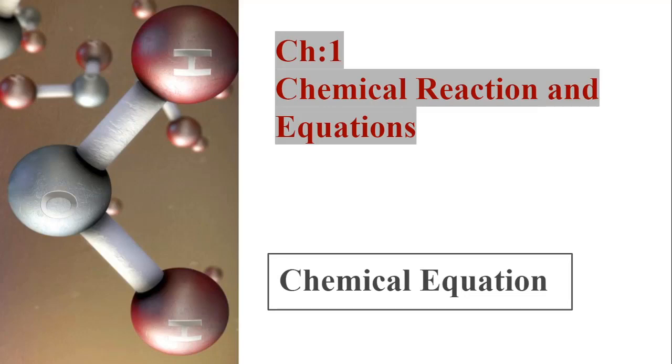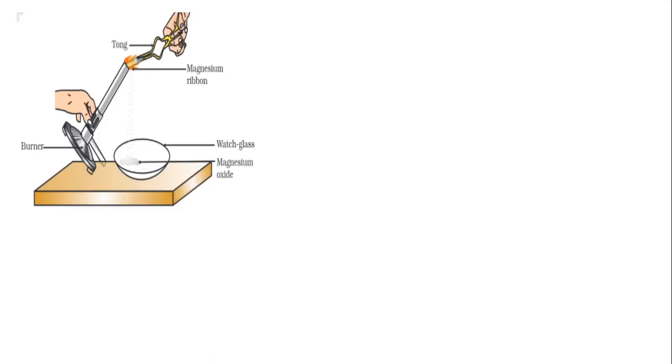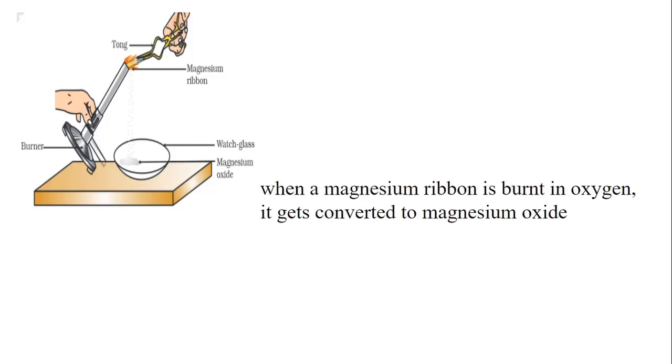So let us start. On your screen you can see the figure. If you remember, this figure is of our Activity 1.1. Can you remember the conclusion of this activity? Yes, this activity described that when a magnesium ribbon is burnt in oxygen, it gets converted to magnesium oxide.